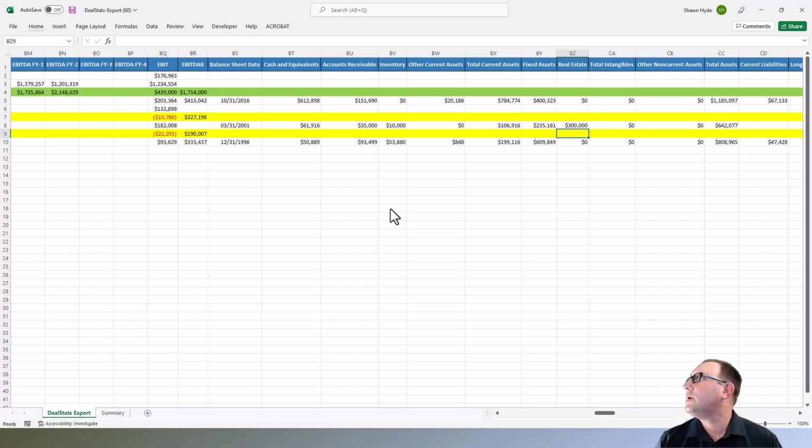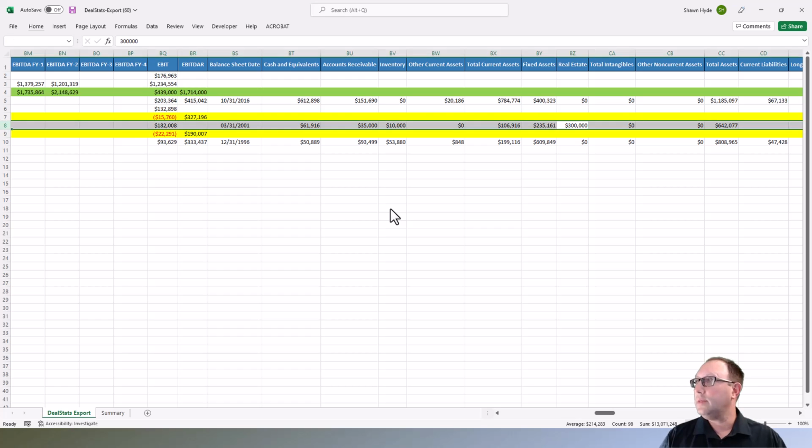Okay, so this one, real estate. This one right here looks like there is real estate as part of the deal. As I mentioned earlier, some business brokers will sell the business and the real property. Sometimes the real property is tracked. BVR does a pretty good job trying to remove transactions that are influenced by real property being sold.